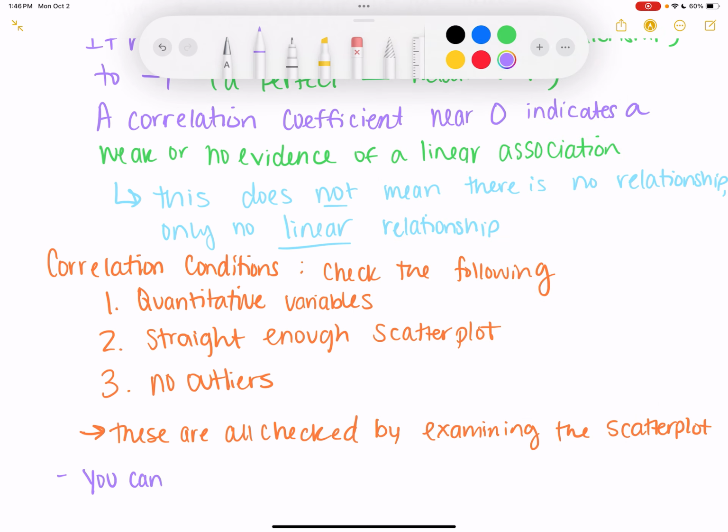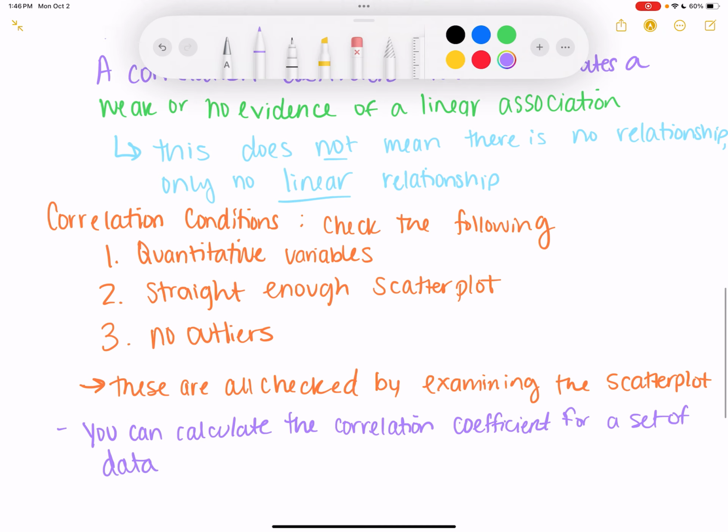You can calculate the correlation coefficient for a set of data using the linreg command on a calculator.